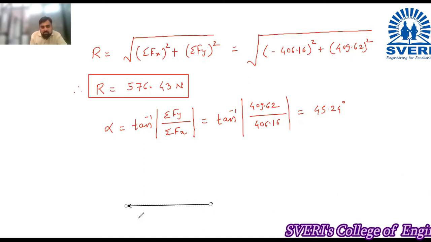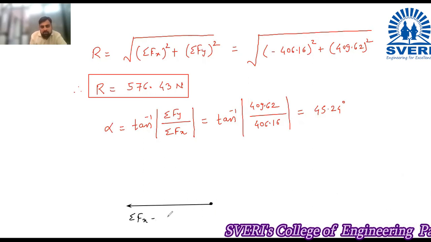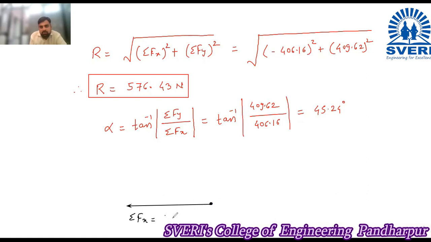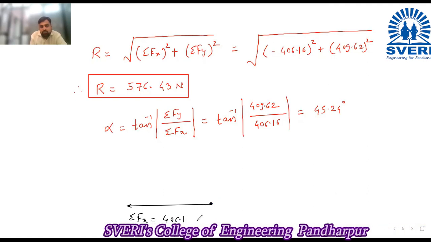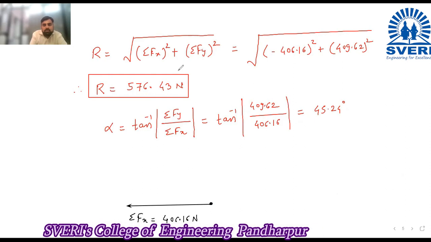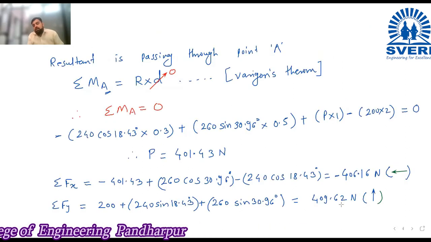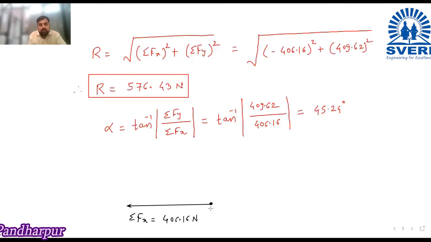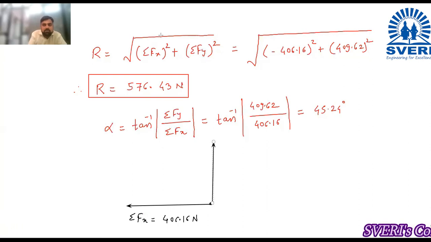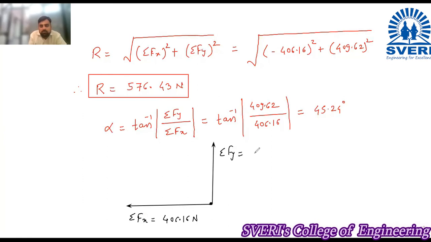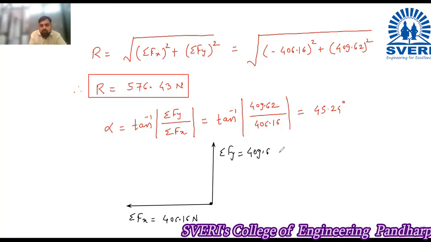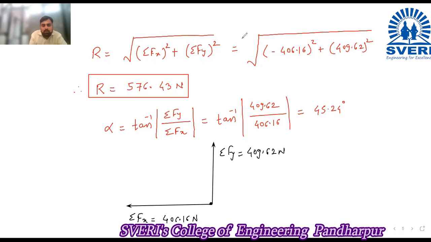This is my summation Fx and its value is 406.16 Newton. The next thing is summation Fy and it is 409.62 moving upward. So its direction is upward. So Fy I will plot over here in the upward direction. Fy is equal to 409.62 Newton. Now complete the parallelogram.